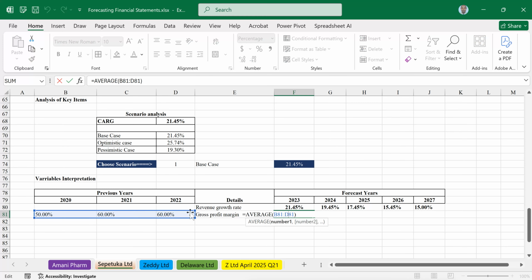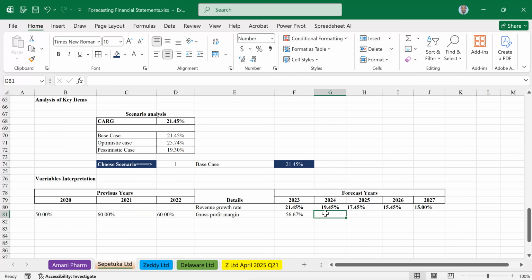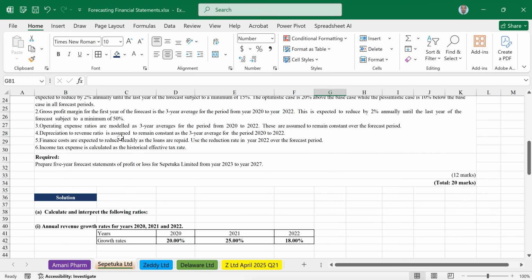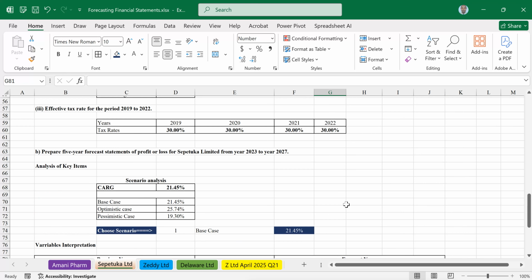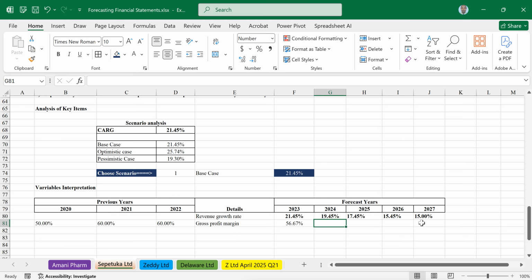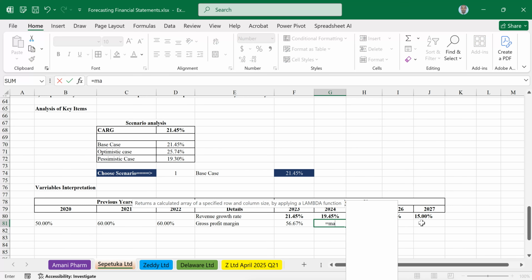Then this will reduce by 2%, they said, subject to a minimum of 50%. So it will reduce annually by 2%, subject to a minimum of 50%. So the other forecast years from 2024 moving forward, it will be equal sign, then again max, tab.